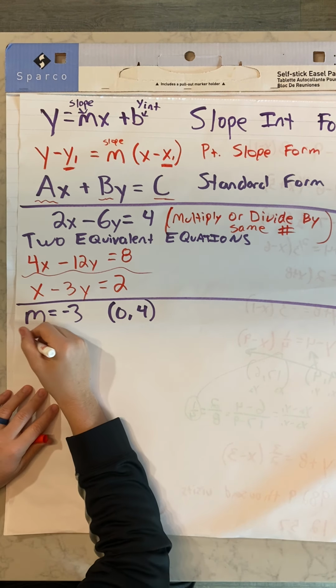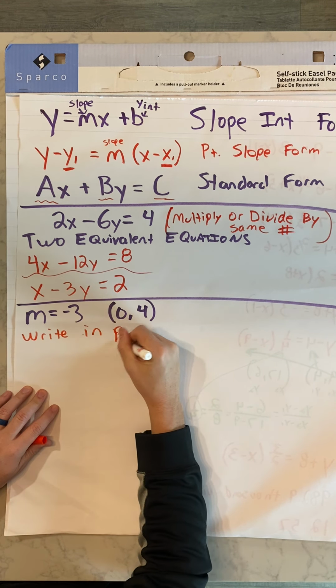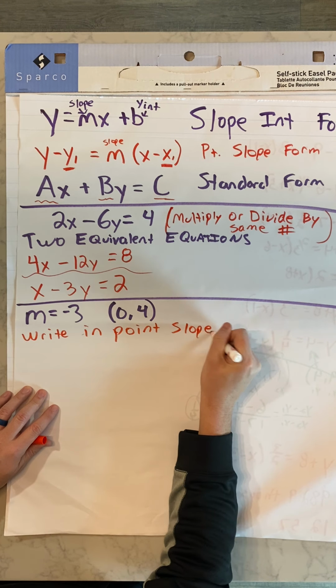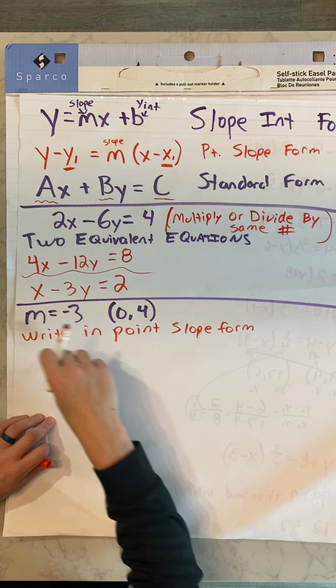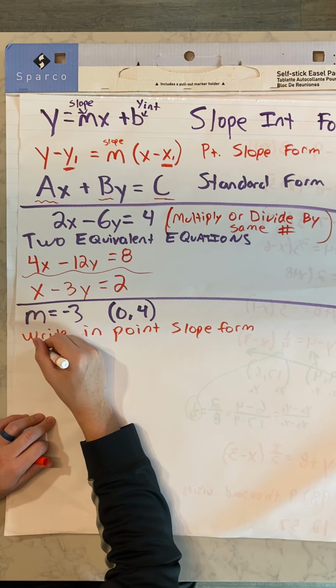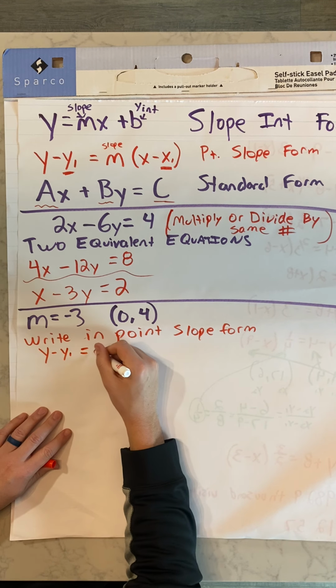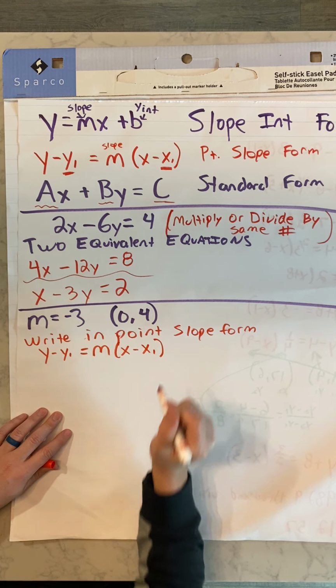First thing we need to do is write this in point slope form. Remember, that is y minus y1 equals m times the quantity x minus x1.